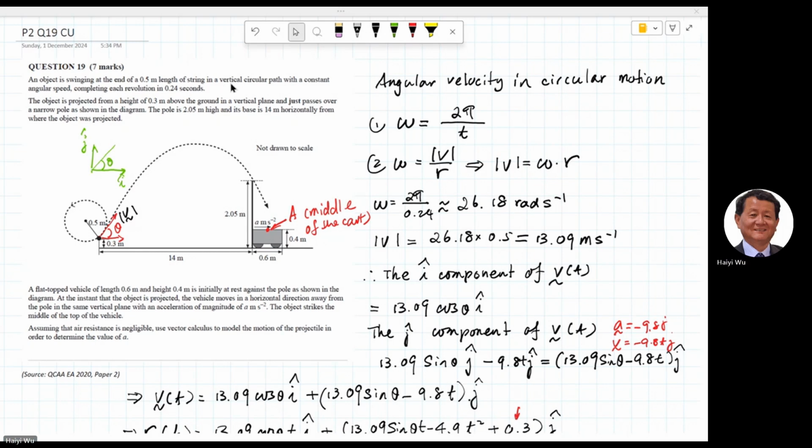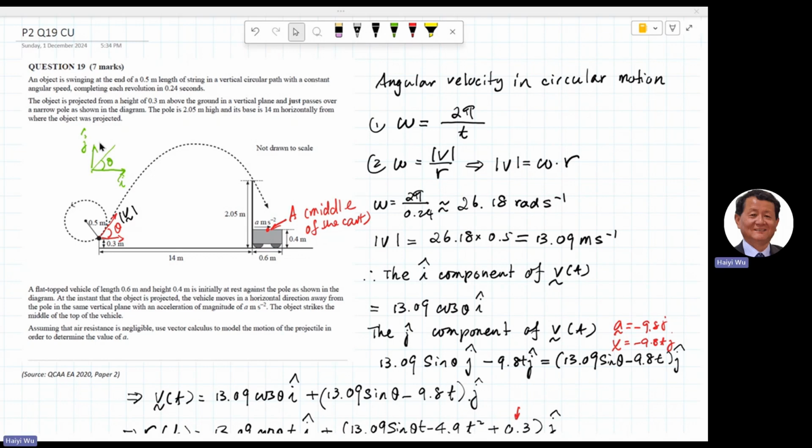Then in the circular path, it has constant angular velocity. We'll talk about angular velocity shortly. Each complete revolution takes about 0.24 seconds.